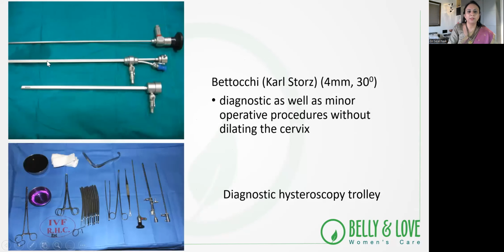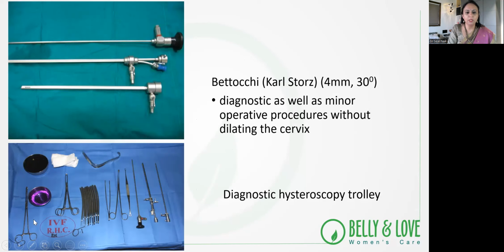You can see there is a Bettocchi hysteroscope, 4 mm whole assembly with a 30-degree telescope. 2.9 mm and 1.9 mm are also available, for diagnostic as well as minor operative procedures. You can see the operative trolley, where we require a speculum for painting, draping, and then dilator sets.